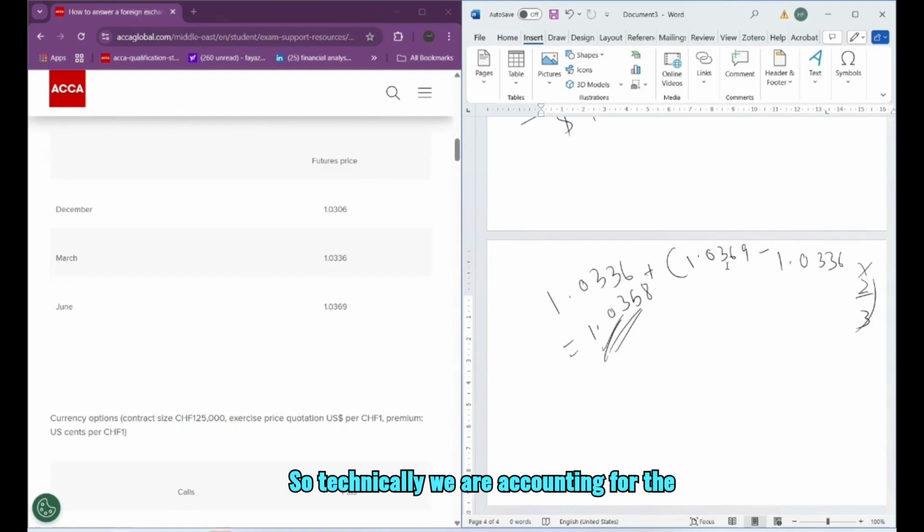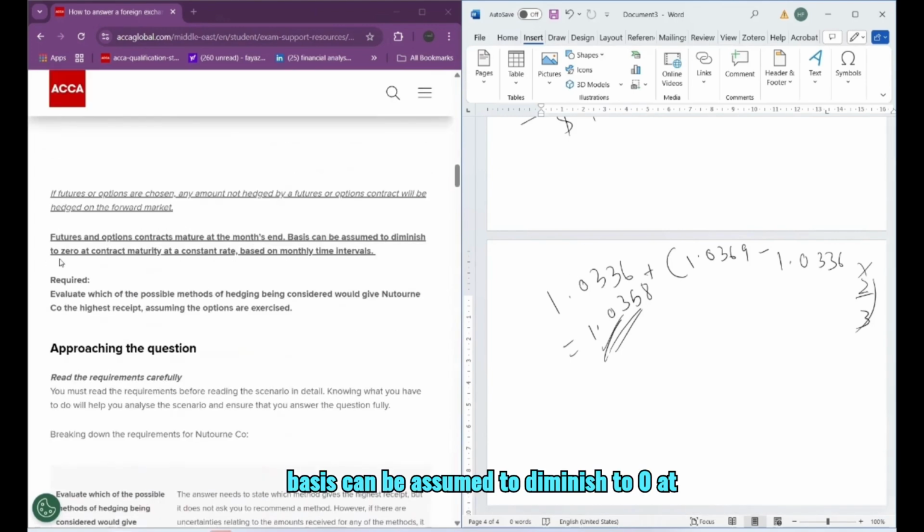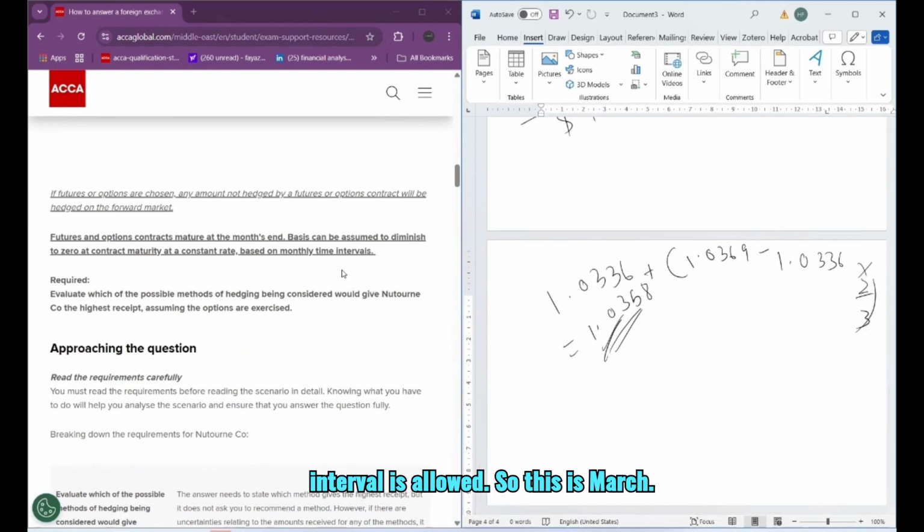So technically we are accounting for the basis risk only, which is why this sentence is applicable for us: basis can be assumed to diminish to zero at contract maturity at a constant rate on a monthly time interval, which is why we are considering 2 by 3 monthly time interval. Simple. Don't get into all these complications. The simple thing is, this difference is the basis risk. They are saying monthly time interval is allowed.